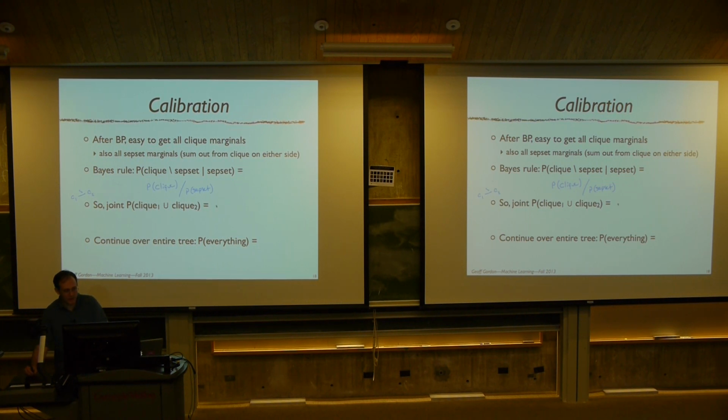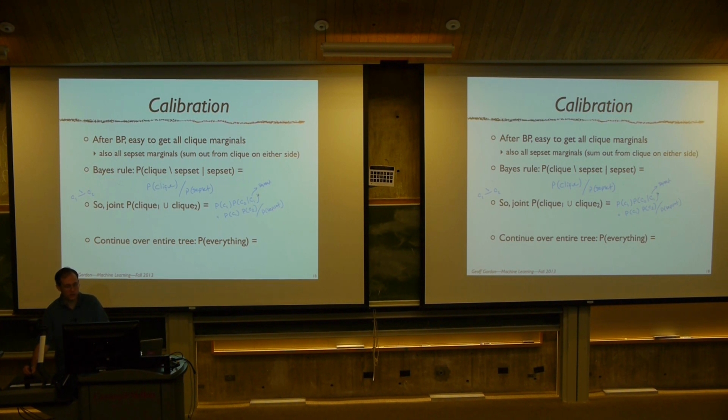Well, that'll be, by Bayes' rule, P of clique 1 times P of clique 2 given clique 1, which is equal to P of clique 1 times P of clique 2, where conditioning on clique 1 is exactly the same as conditioning on the subset. And so we divide by P of subset.